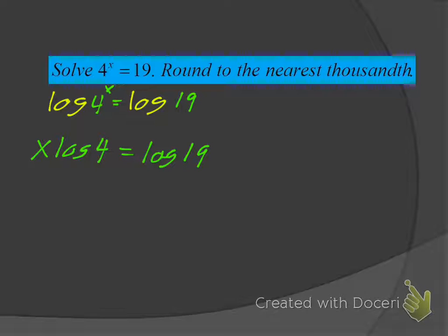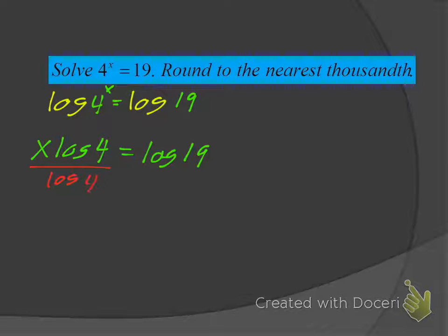Thank you. So when you look at that problem, you see a whole bunch of letters. What I see is a number times a variable that I'm trying to solve for. So how am I going to get rid of that number if it's being multiplied by x? Divide by it.